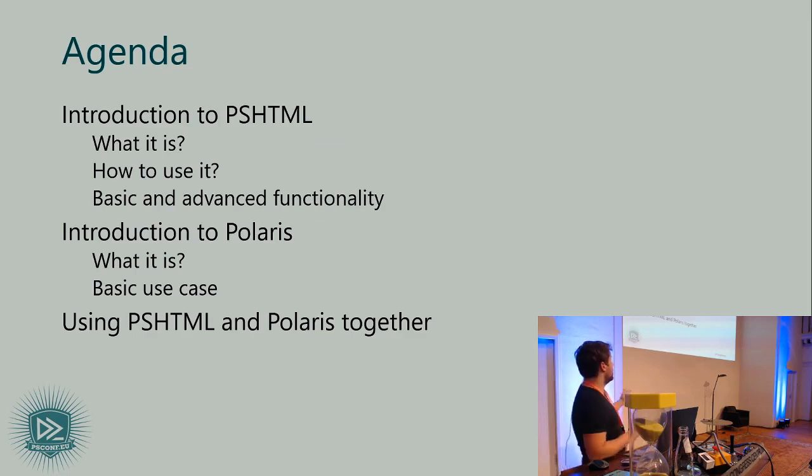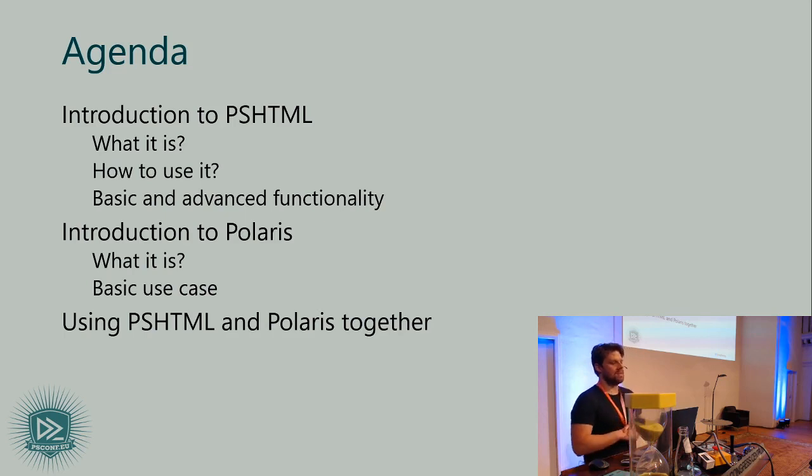So the agenda: I have cut this session into three parts. First, I'm going to give a slow introduction to PSHTML, which also is going to cover some web development stuff. We're going to learn what PSHTML is, how to use it, and some basic and advanced functionality of the PSHTML module.